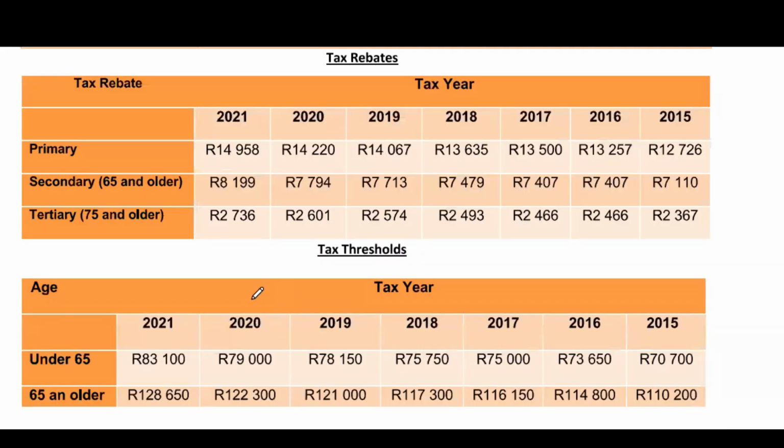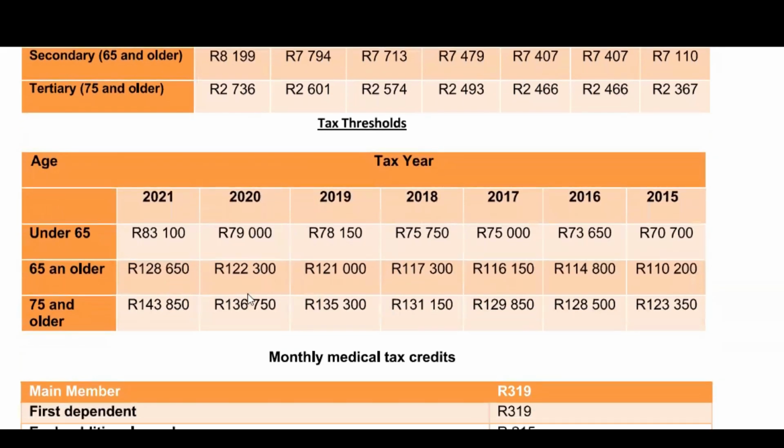I'm using some tables down here. These are the thresholds. This determines if one pays tax or not. But how shall we tell?